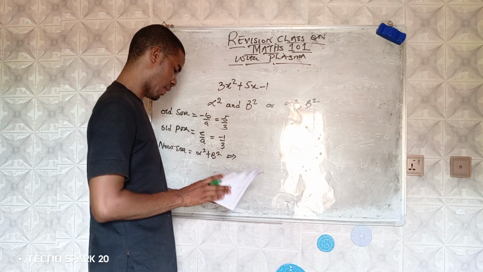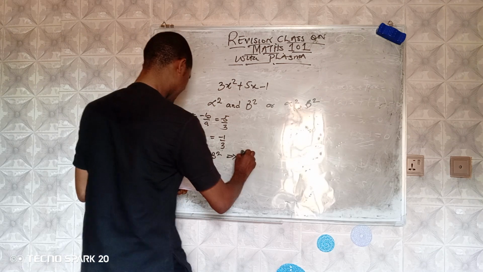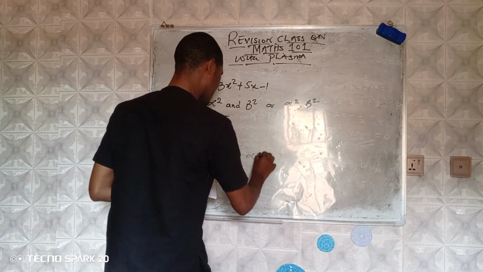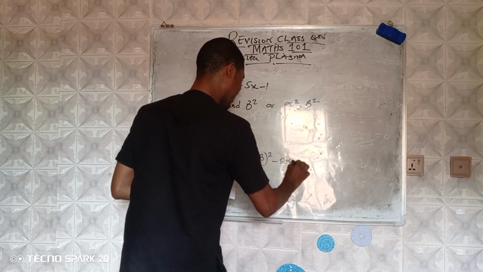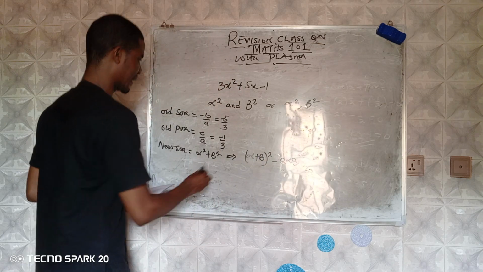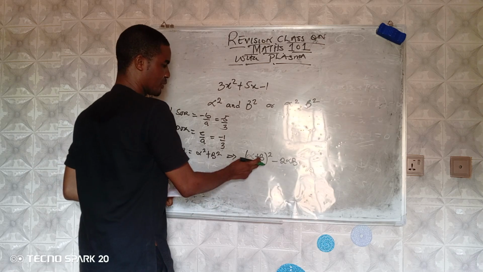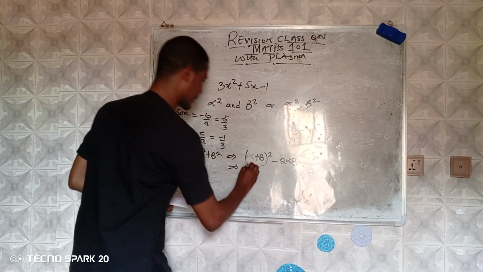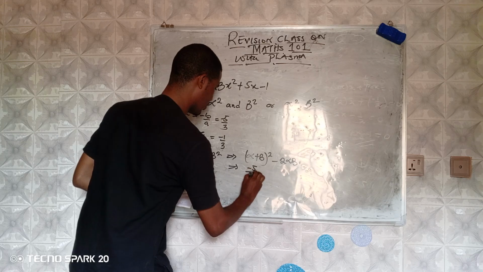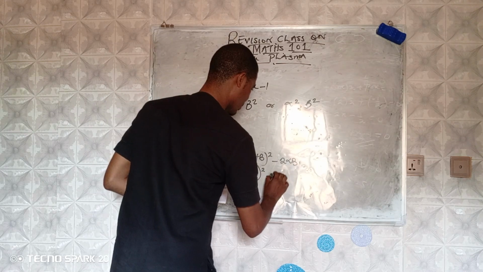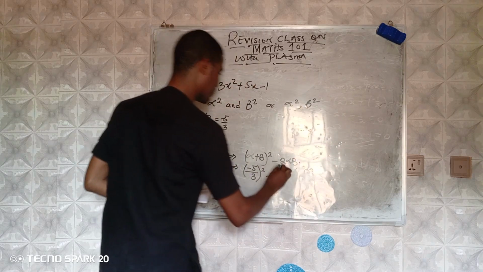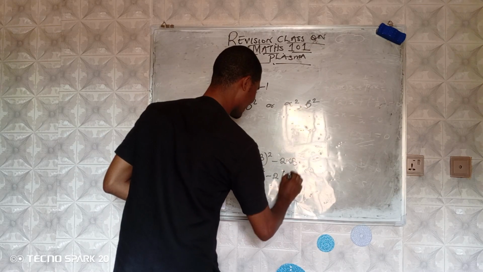Let us check out from our book again. This is something as alpha plus beta all squared minus 2 alpha beta. Okay, let's simplify further. Alpha plus beta gives you SOR, which is minus 5 over 3 all squared, minus 2 times alpha beta, which gives you product minus 1 over 3.